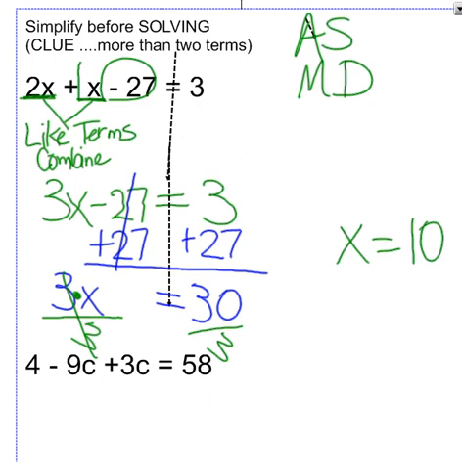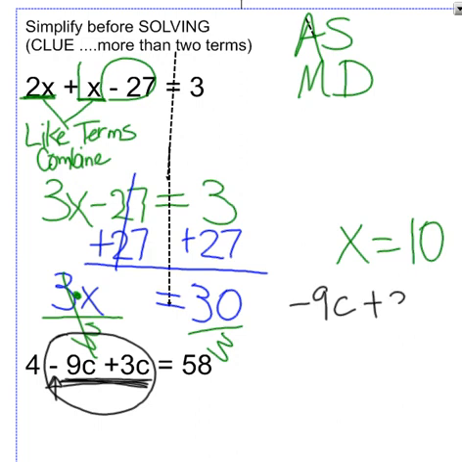Alright, now I have this other example here. Notice I have like terms that are coefficients. They both have the variable c. I can combine those. Oh, this is a tricky one. You have to take the sign that's in front of it. I have negative 9c plus 3c.